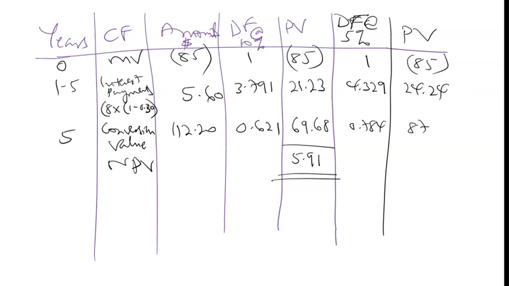And we get 87.96. So if we add up, we get a total of 27.2. So obviously, we are having both positive NPVs.